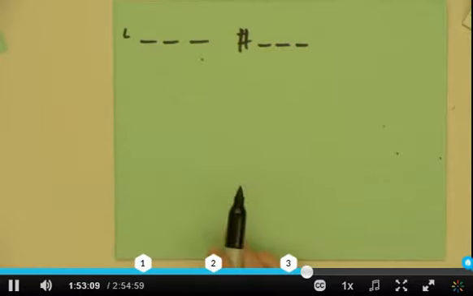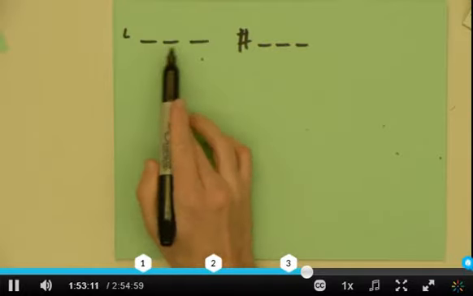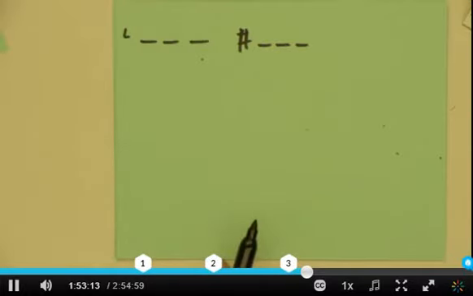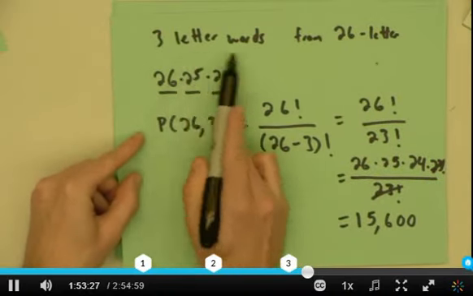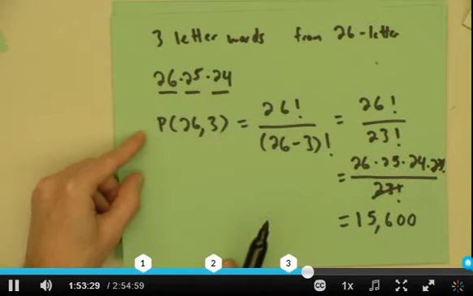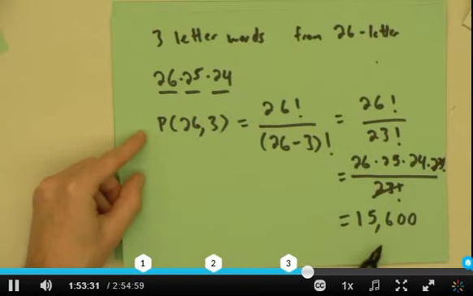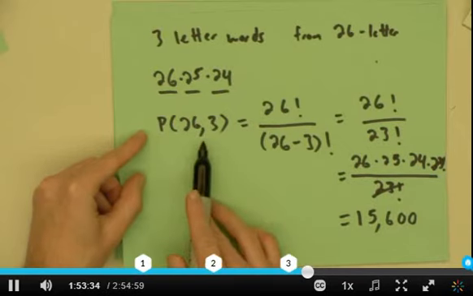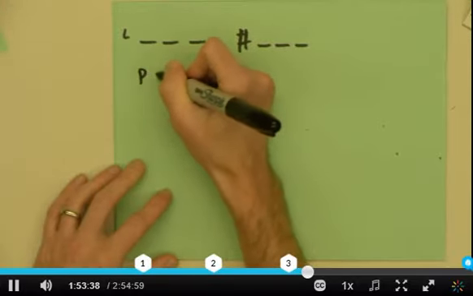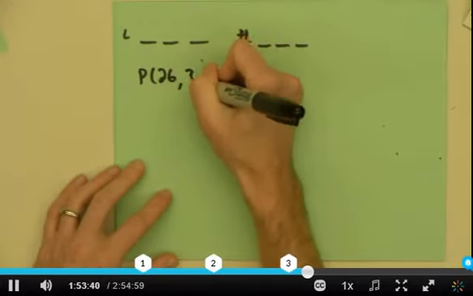How many possibilities are there for the 3 letters? Would it be the 26, 25, and 24 again? Right. You could think of those 3 letters as a 3-letter word. We just calculated that. It's going to be this 15,600. I'll write it this way just so you can see where it comes from. So it's going to be 26 from unit 3.